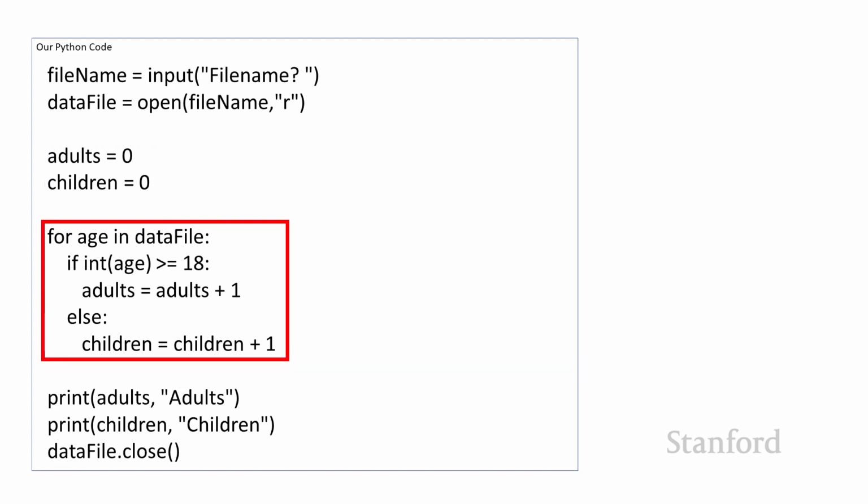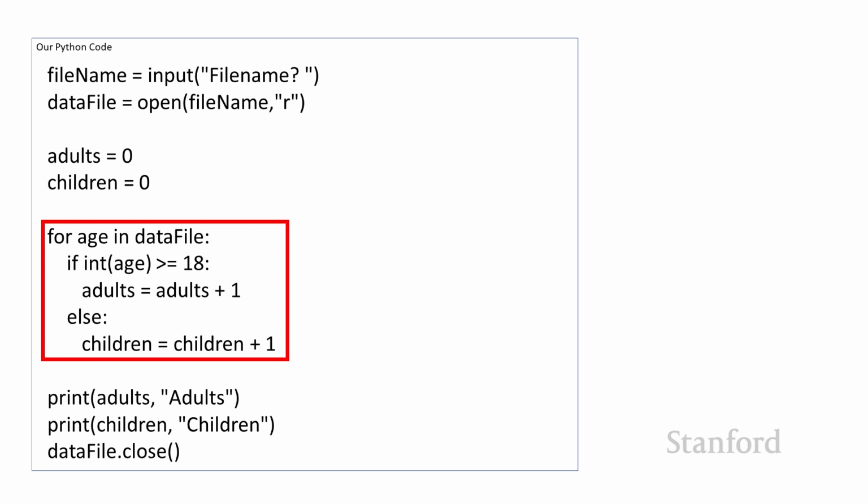And then you can see what I'm doing here is I'm looking at each of the individual ages in the data file. If that age is greater than or equal to 18, then I'm saying, hey, I have one more adult than however many adults I have seen previously, prior to processing this particular line of the data file. And if the age is less than 18, then however many children I've seen so far, I have one more child.